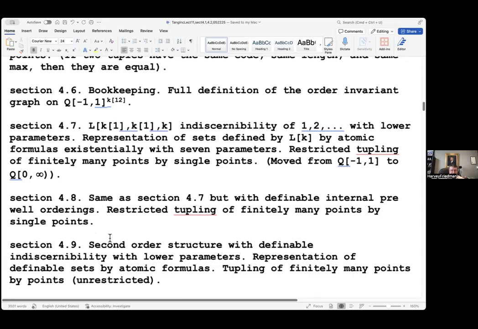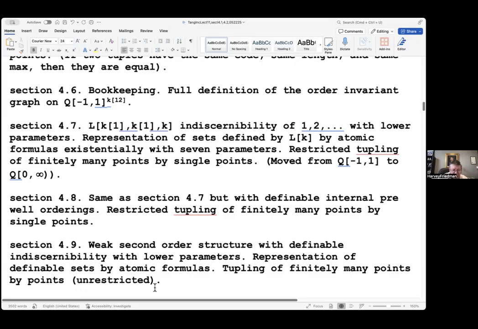And then in section 4.9, we actually have a second order structure, weak second order, with definable indiscernibility, full-blown indiscernibility. It's always limited. When I say definable, there are going to be bounded quantifiers somewhere high up. Okay, definable indiscernibility with lower parameters, and representation of definable sets by atomic formulas and tupling of finite tuples by points.